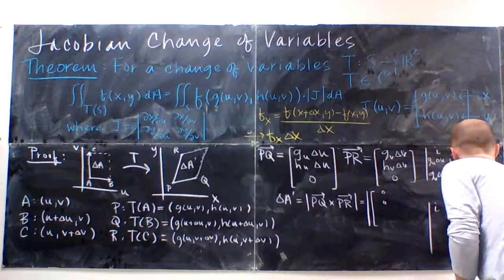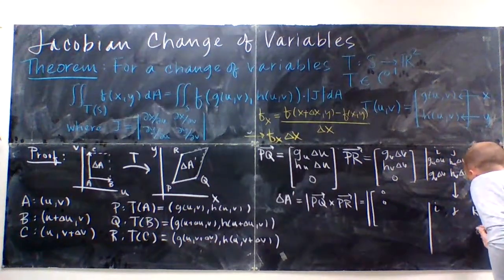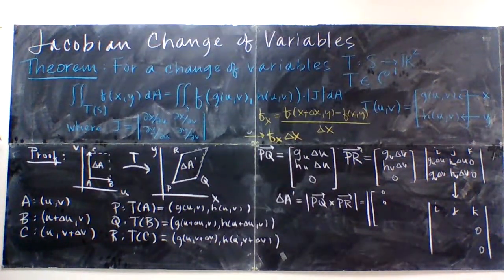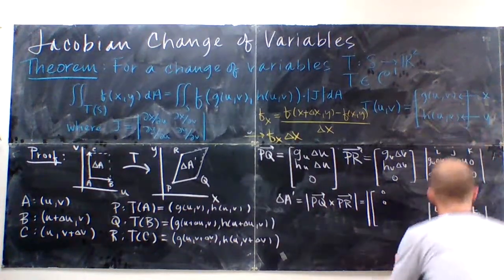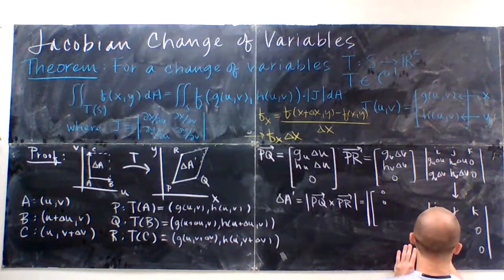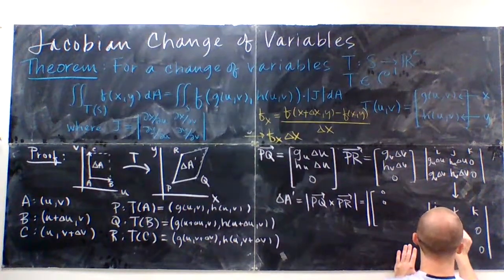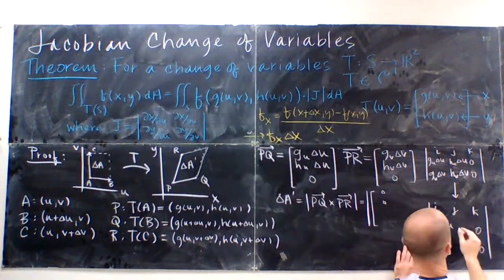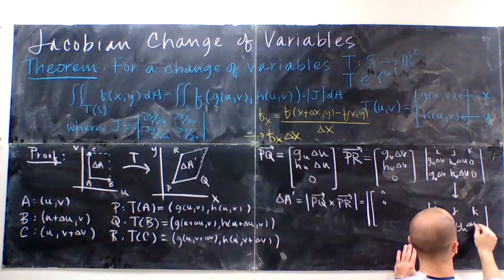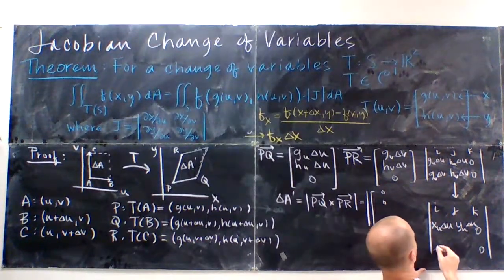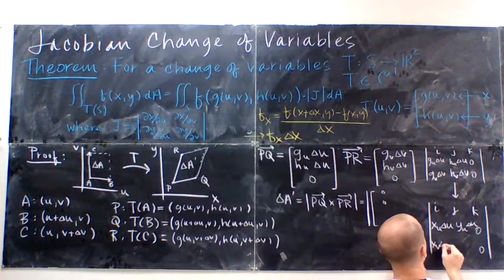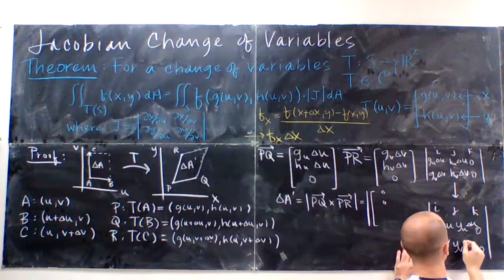So I've got I, J, and K. These are both zeros. And I don't even know if you can read this on screen. G is X, so it's XU delta U, YU delta U, and then XV delta V and YV delta V.